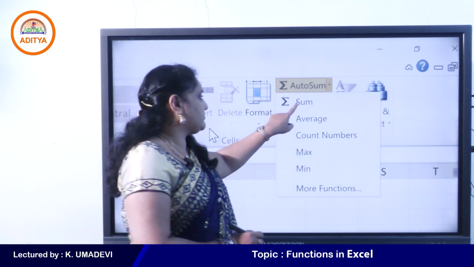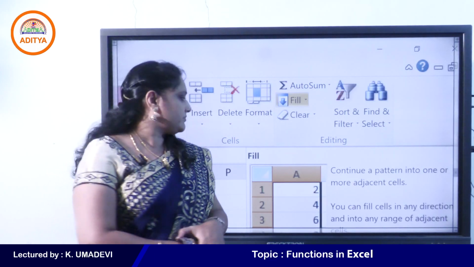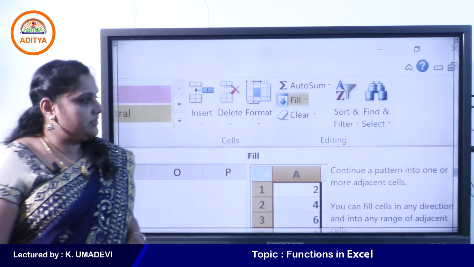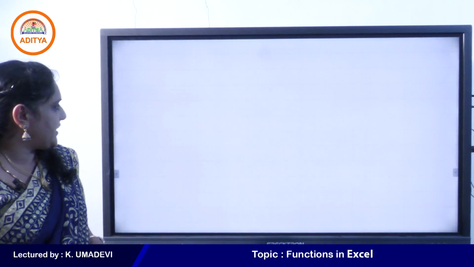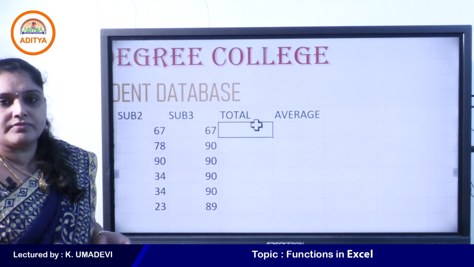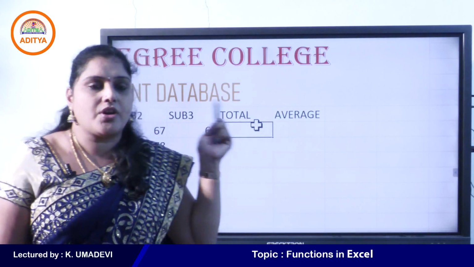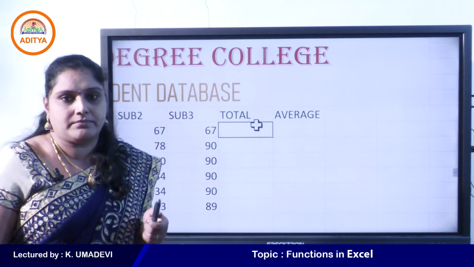So first we will discuss the sum function. First click on the particular cell. If you want to perform the sum function, you can go to the AutoSum tool under the Home tab.